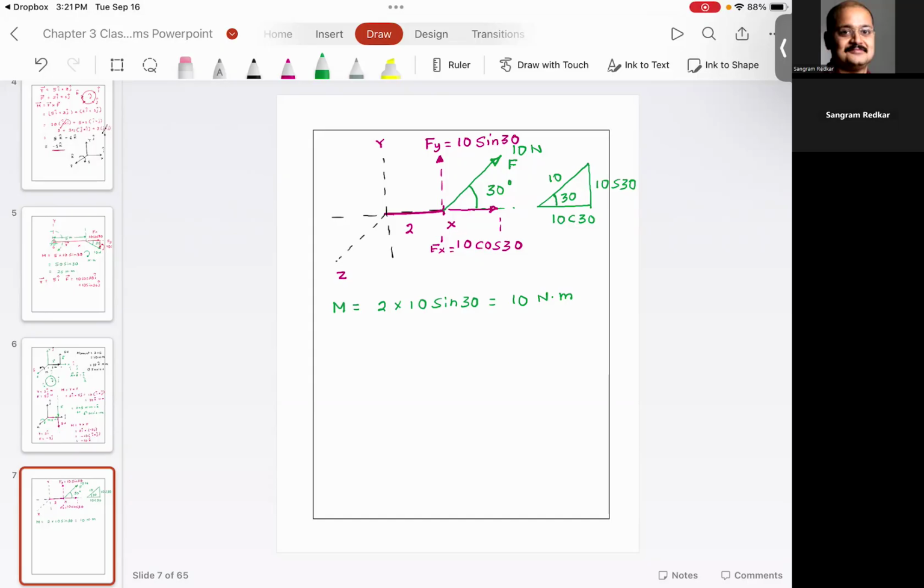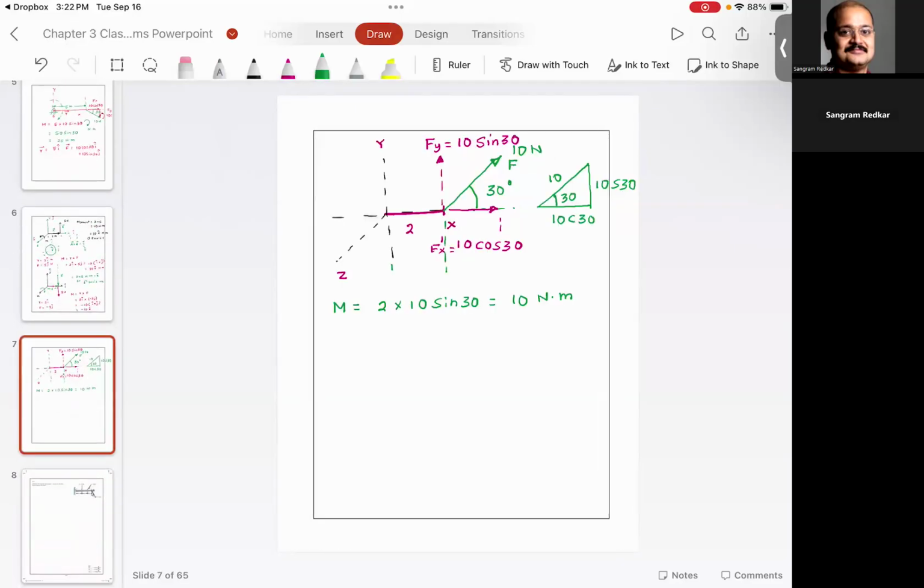Now, there is another way of looking at this problem. Instead of resolving the force, what if I resolve the distance? So for an example, I take it down, and this is 2.